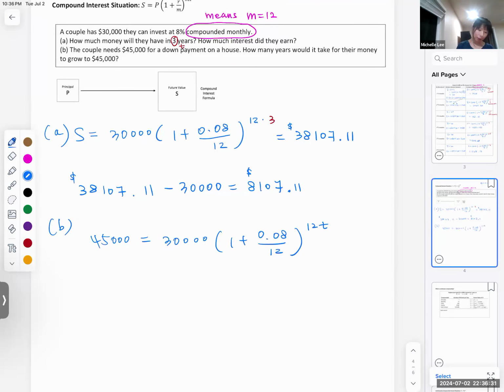Then solve for T. First of all, we divide by 30,000 on both sides. Then there will be 1.5.